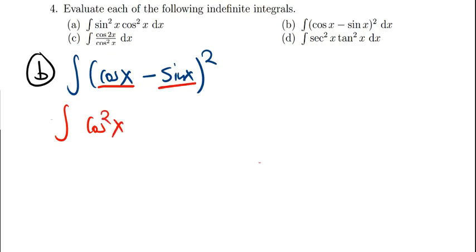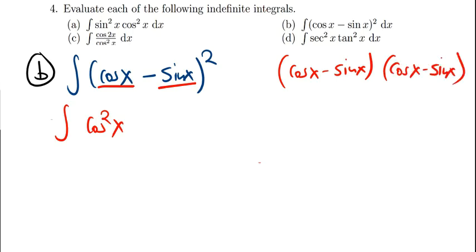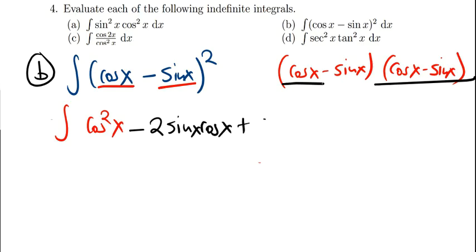Remember what that implies is we've got cosine of x minus sine of x coming twice, right? Even in the other bracket we have the same. So this part multiplied by that bracket, at the end of the day you're going to end up with minus 2 sine of x cosine of x, then plus sine squared of x.